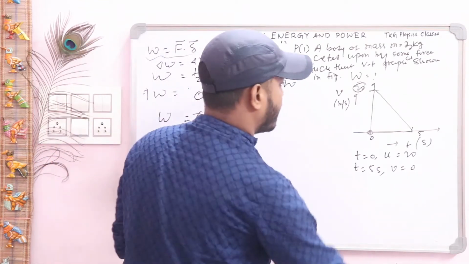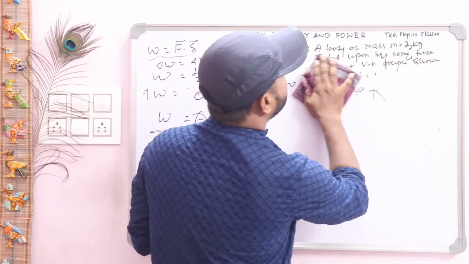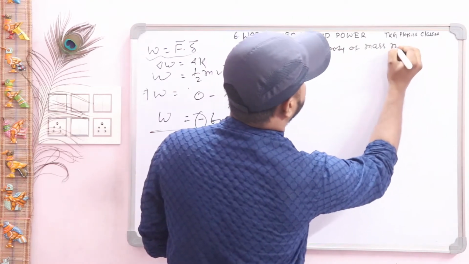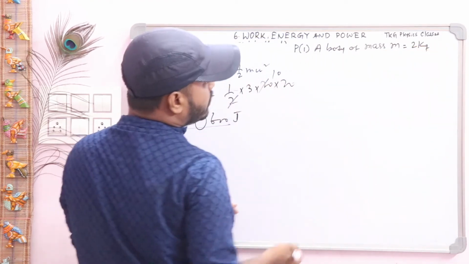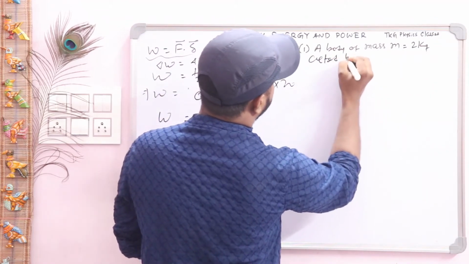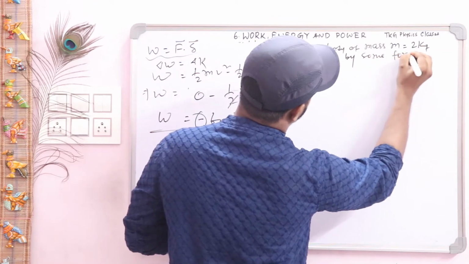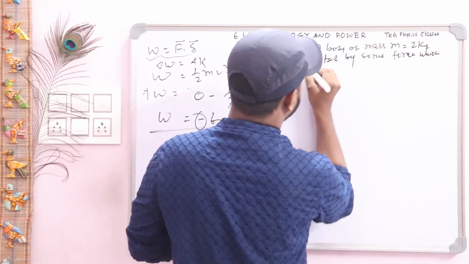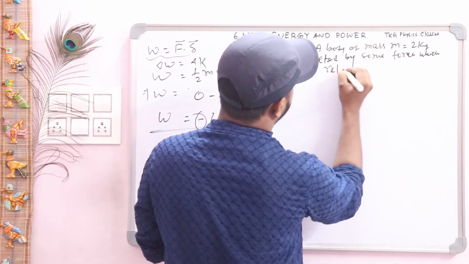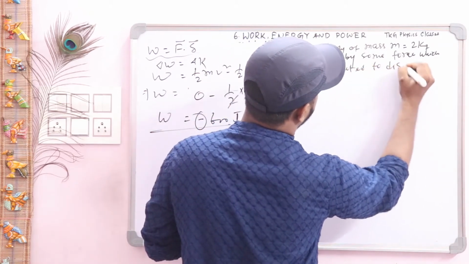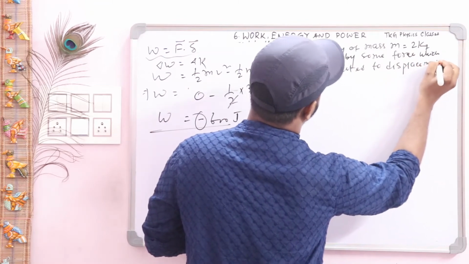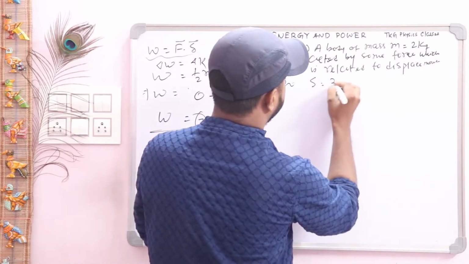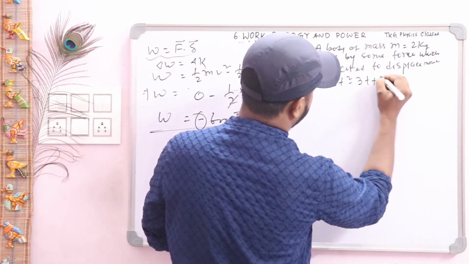Okay, now the second problem. A body of mass, suppose here the mass is given, m equal to 2 kg, is acted on by some force which is related to displacement, s equal to 3t square minus 3t plus 5.